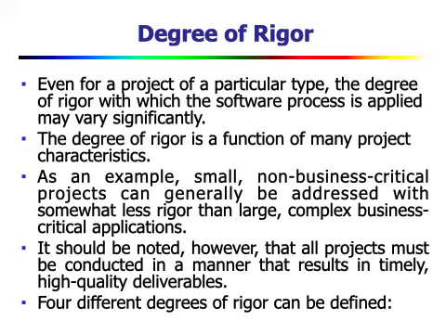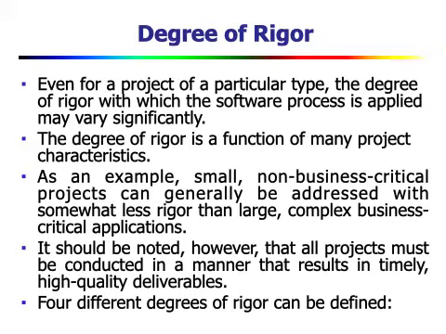However, it should be noted that all projects must be conducted in a manner that results in timely, high quality deliverables. Okay, so there are basically four different degrees of rigor that can be defined. They are casual, structured, strict, and quick reaction.